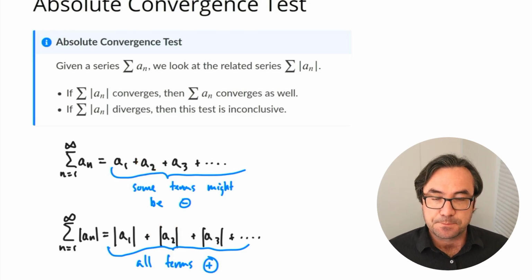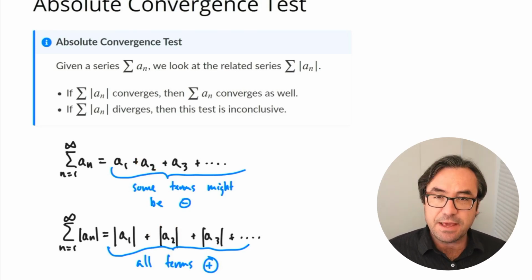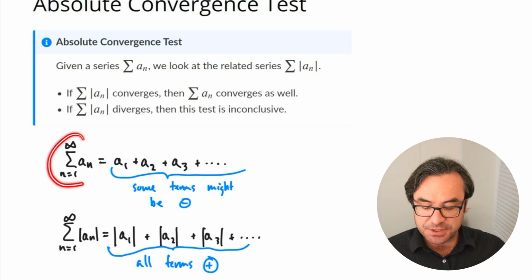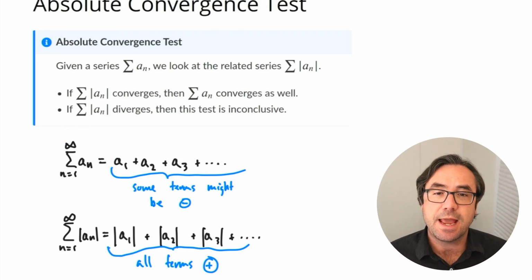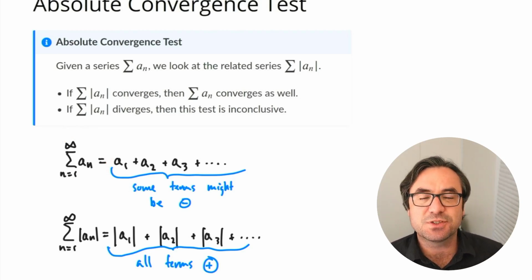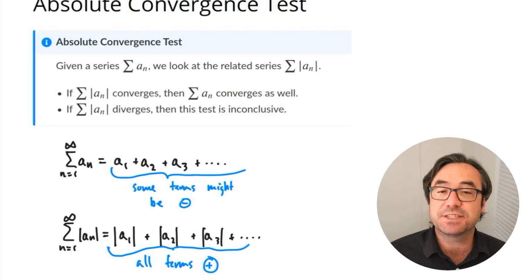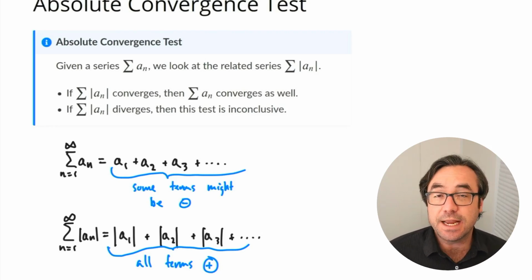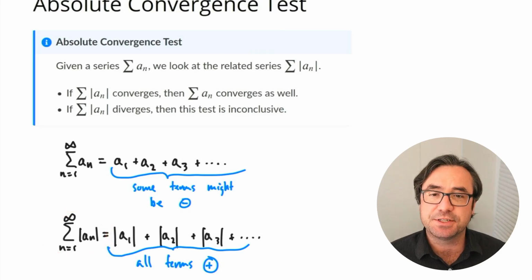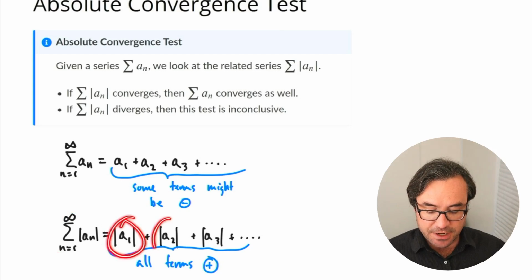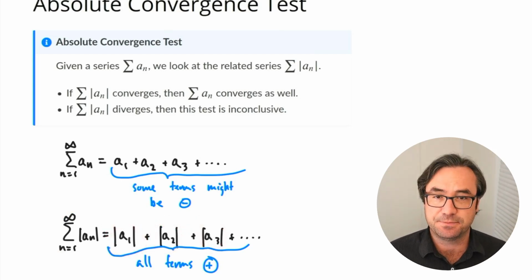So the idea is sigma an is the series that we're investigating, and negative terms, as we've seen with a lot of our previous tests, can cause us an issue. So instead, we're going to look at this related series, sigma absolute value an. And here, all of the individual terms are positive.